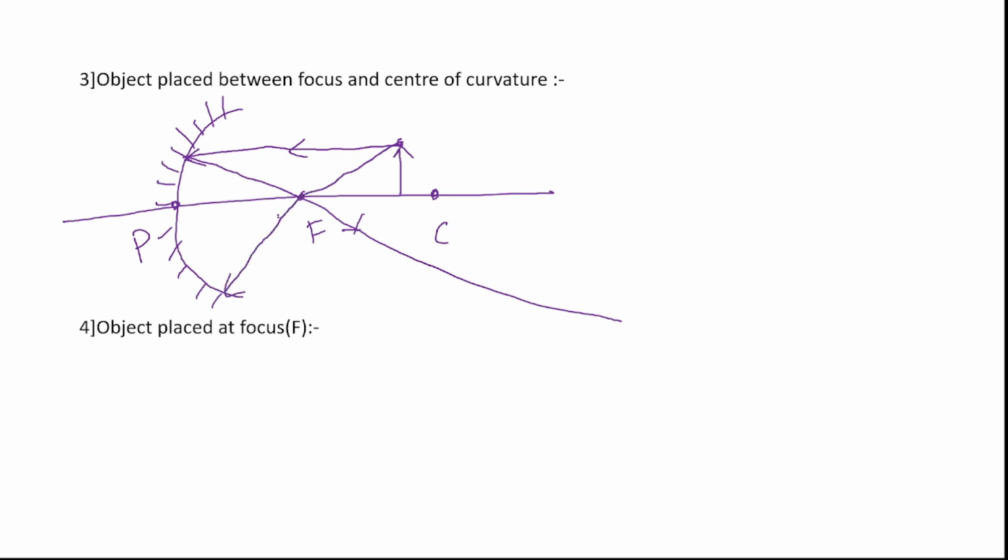Whenever a ray falls onto the mirror passing through the focus, it will reflect parallel to the principal axis, right? So this ray will also get reflected parallel to the principal axis. The two reflected rays are meeting at this point, right? So at this point the image is formed. This is the image of this object.